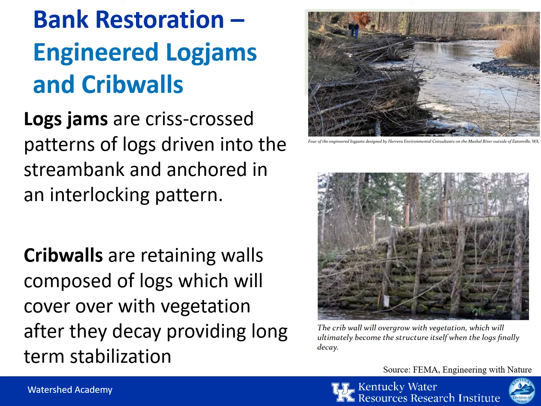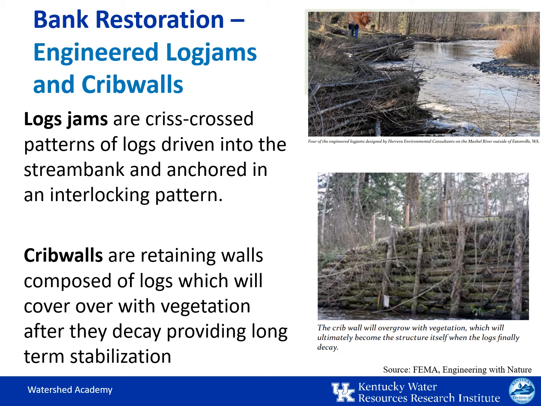Another bank restoration technique that's maybe a little bit greener than the concrete or rock armoring is the use of engineered log jams or crib walls. So log jams, we see on the top picture, are a crisscross pattern of logs that are actually anchored into the stream bank through their interlocking pattern and the use of rebar.